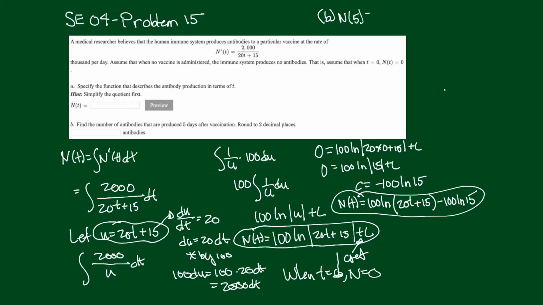It's going to be 100 times the natural log of 20 times 5 plus 15 minus 100 times the natural log of 15. And when I computed that, I got about 203.688, but we're going to round, so 203.69.